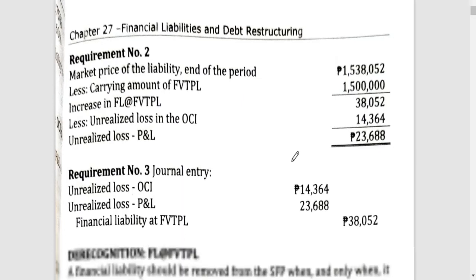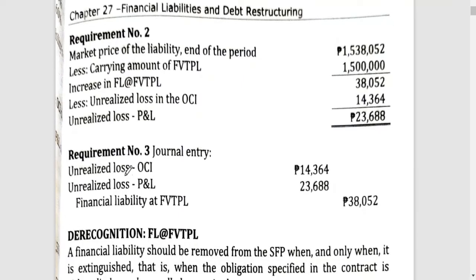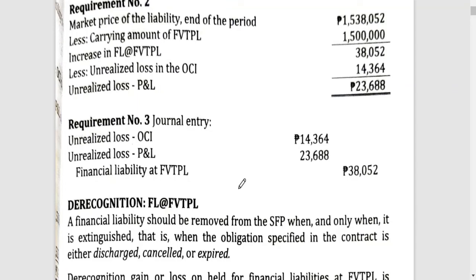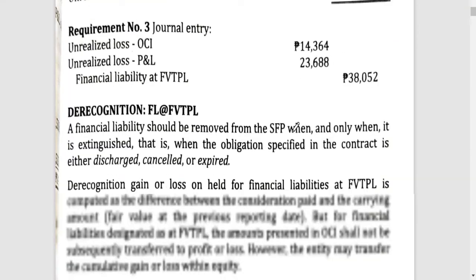So, the entry at the end of the year would be debit unrealized loss, OCI, 14,364, and debit unrealized loss, profit or loss, 23,688, and credit financial liability at FVTPL, 38,052. In effect, our liability increases because of the increase in the market price of the liability.